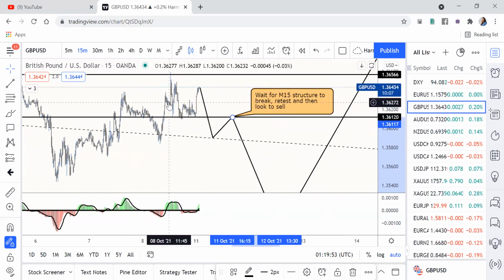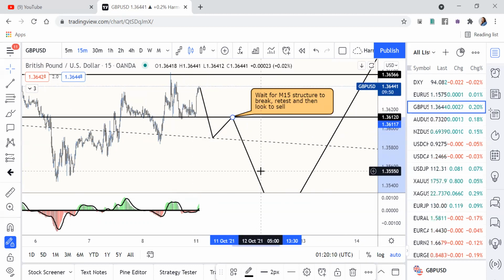Do not sell in between here. We want confirmation that the trade is going to go in that direction. You want to be sure and confident about the trade, right? So wait for structure to break, retest, and then look to sell.